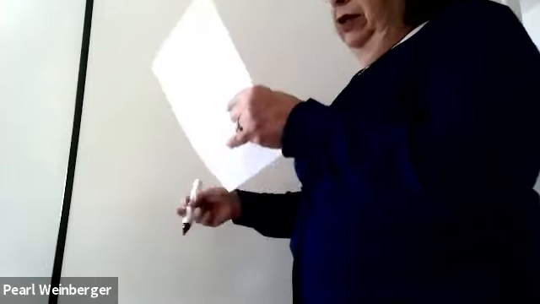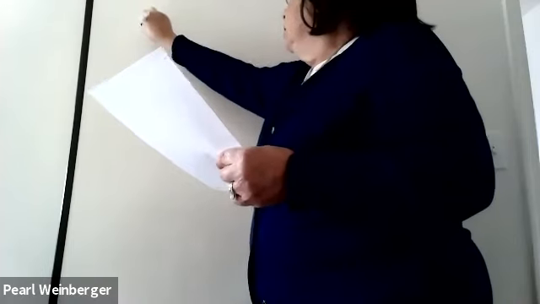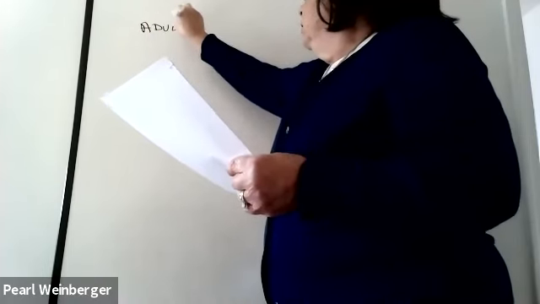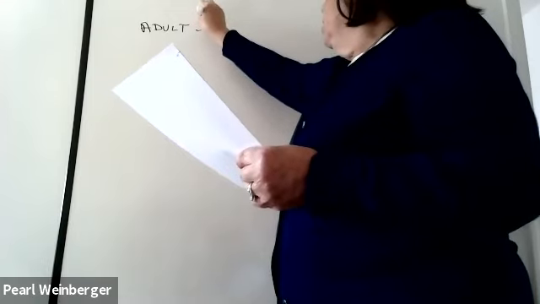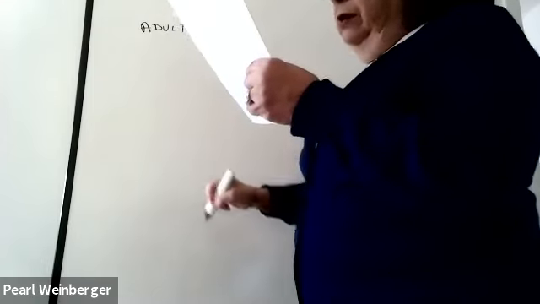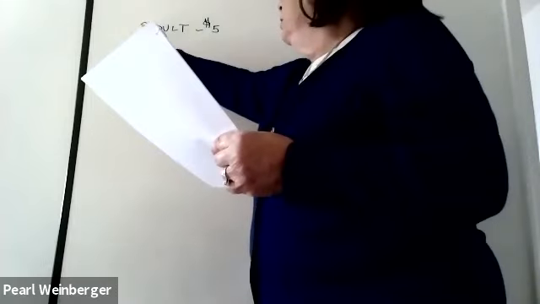Number 8 reads this way. Tickets to a local movie were sold for $5 for adult tickets. So they're $5 each. And $3 for students' tickets.